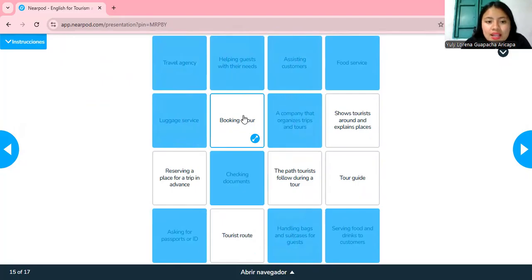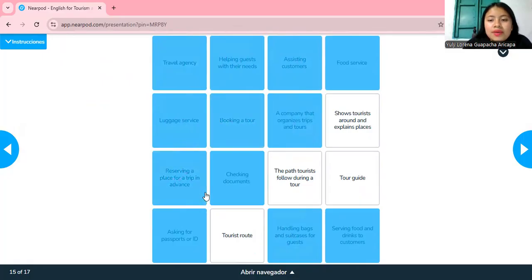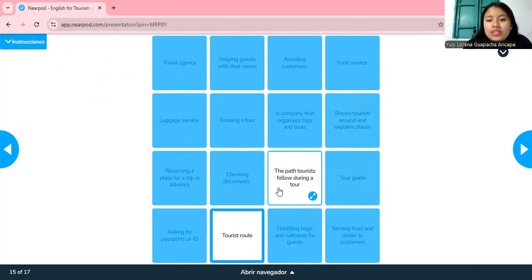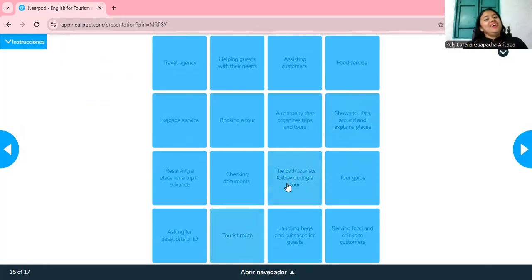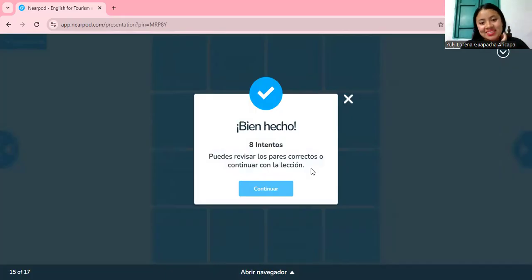Booking a tour is reserving a place for a trip in advance. Tour guide is someone who tells stories and explains places. And the final option is tourist route, the path tourists follow during a tour. And this is all. Very good.